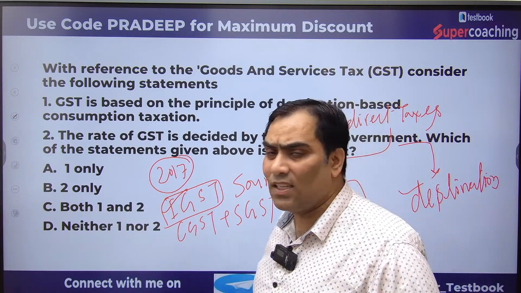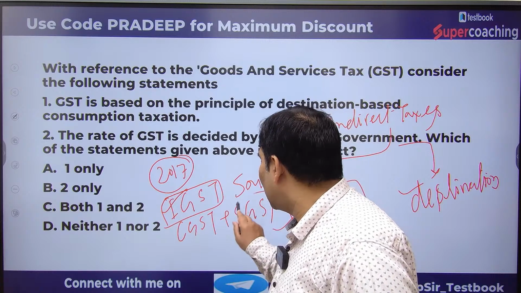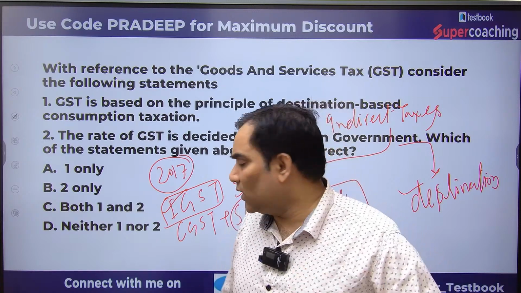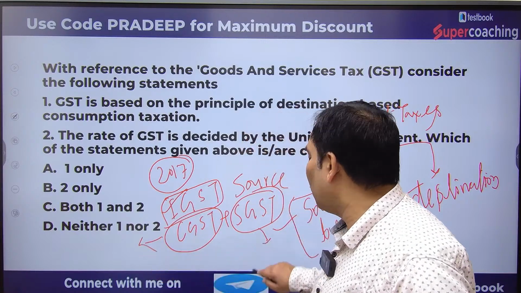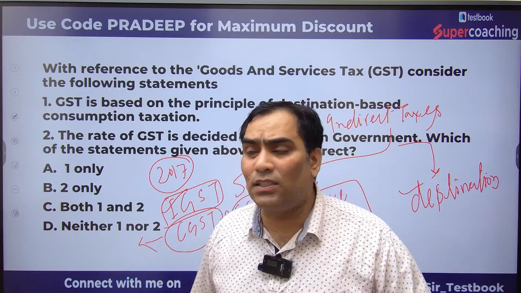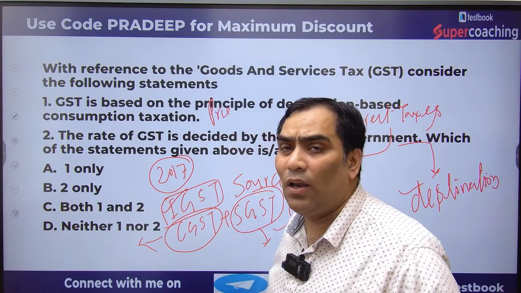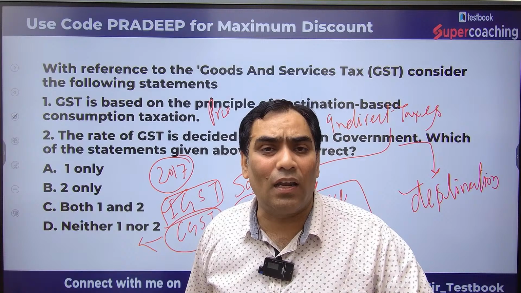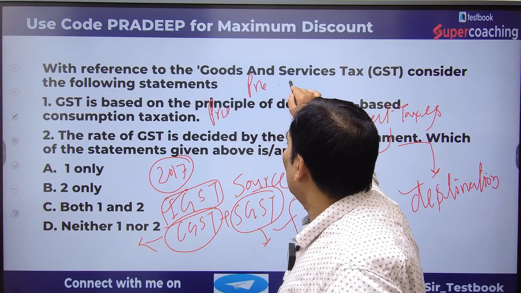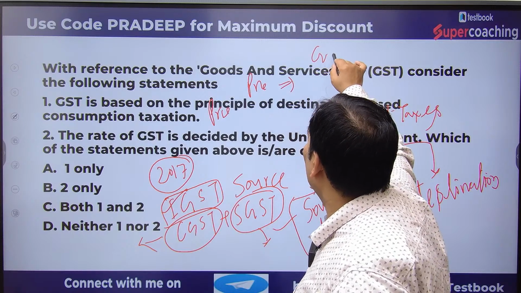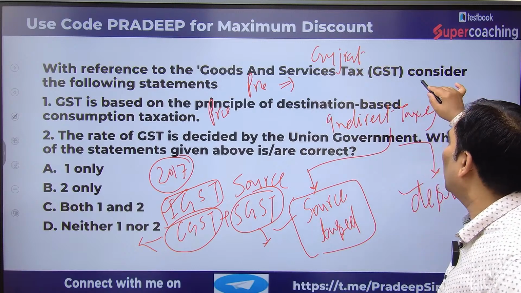This IGST is nothing but the mathematical summation of CGST and SGST. The CGST part will go to the union government, and the SGST part will go to the state in which the product is going to be consumed, not to the state in which it has been produced. Suppose any product has been produced in Gujarat or Chennai or Mumbai, and it has been consumed in Bihar.